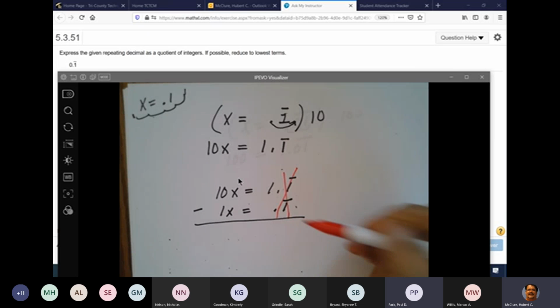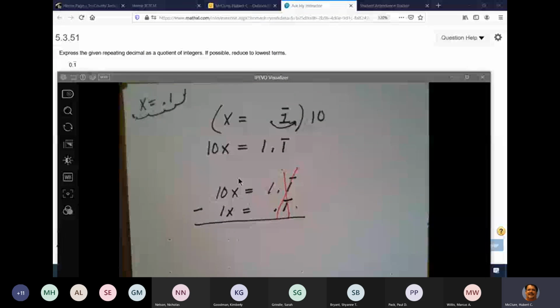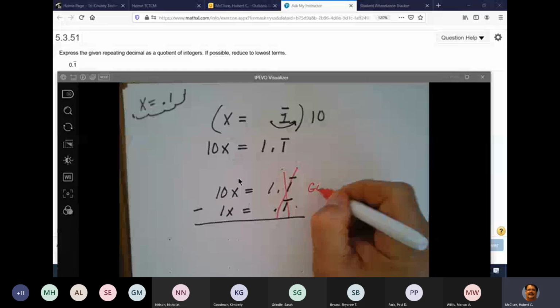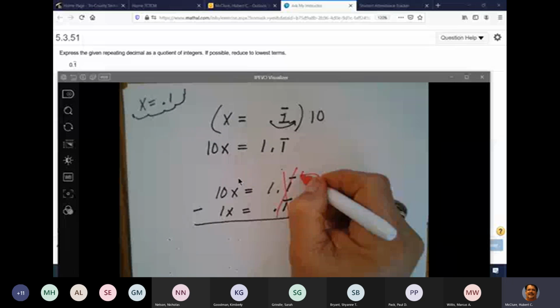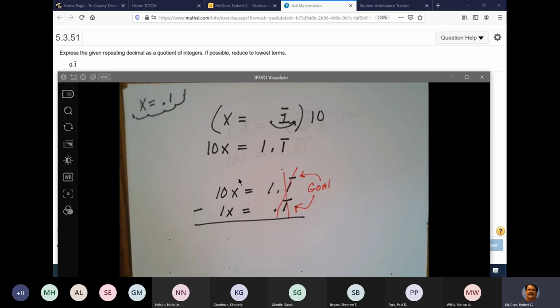Yep, they cancel, and that's your goal. Your goal is to get the repeating decimals to cancel, and that's why you multiply by 10 or 100. I think in this one we're going to multiply by 10. This is not a problem I do a lot, and I don't test you on it, but they will test you on a standardized test.